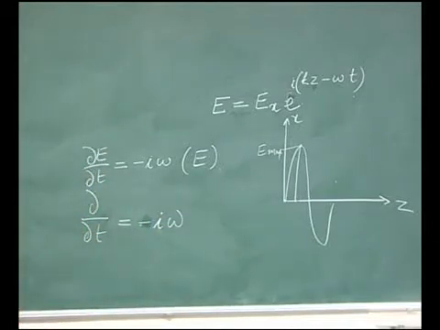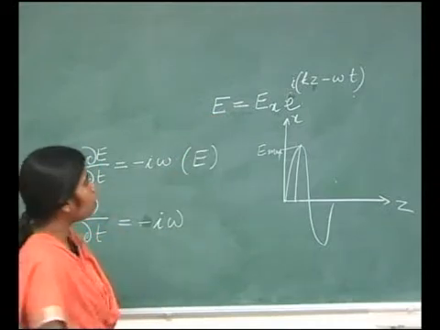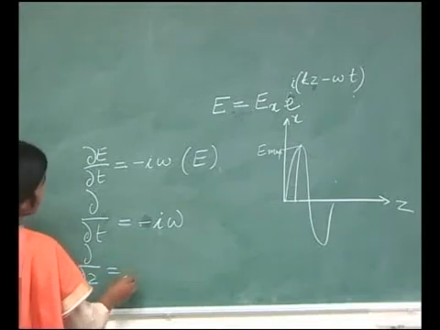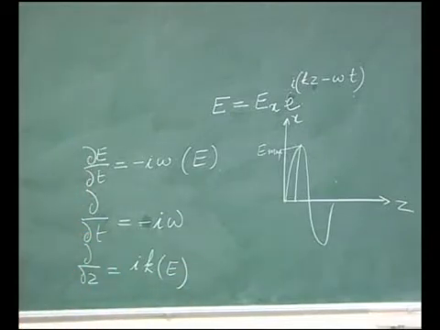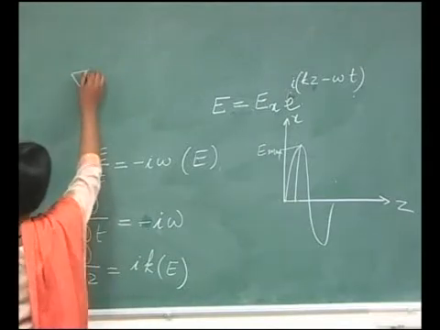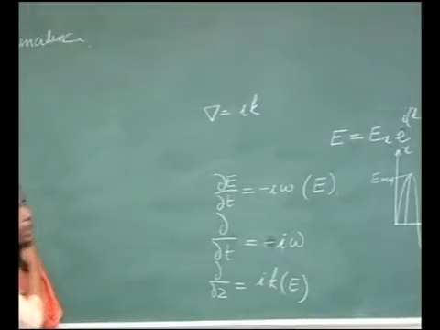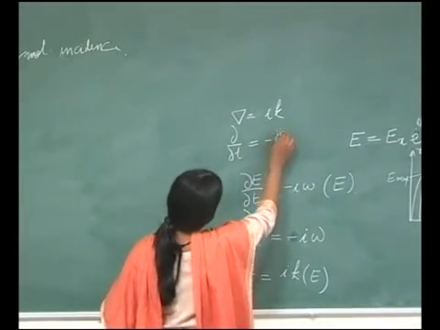Also, if I differentiate with respect to the space coordinate, del by del z, I will get ik into E. So now I can replace my del operator by ik, where k is the wave vector, and the del by del t operator by minus i omega.